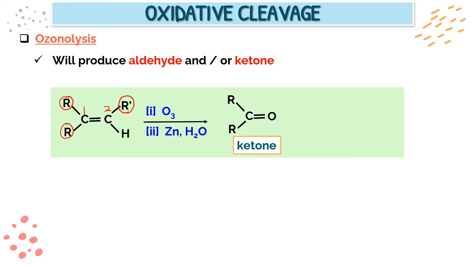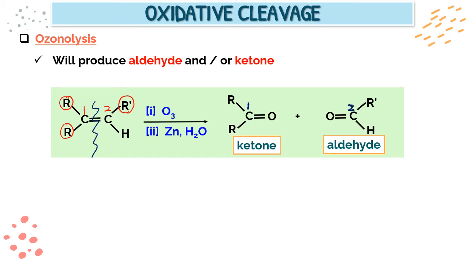Basically, since it is an oxidative cleavage, what will happen here is at the carbon-carbon double bond, we will separate this bond. So you will get a separate molecule. So this is carbon number 1. And then another one, we will have this, and this is carbon number 2 that has been separated.